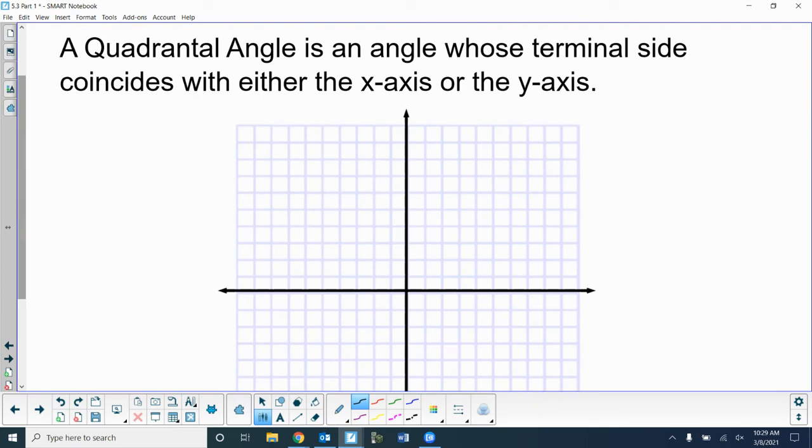All right. How many degrees would that be from here to here? 90. So 90 degrees is a quadrantal angle. And in radians, that's pi over 2. Okay?